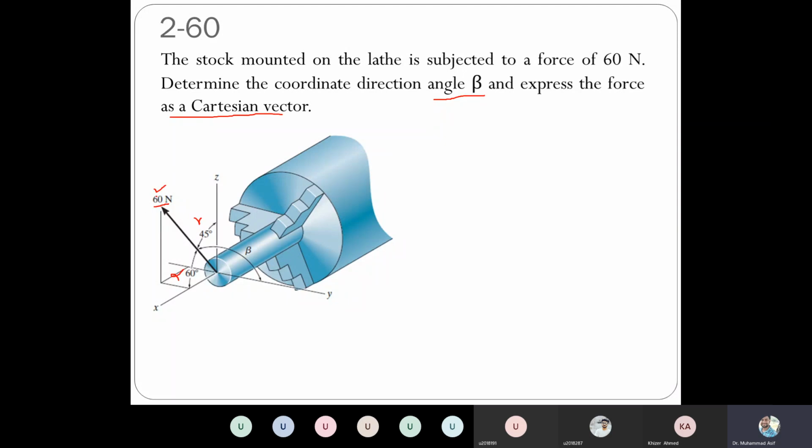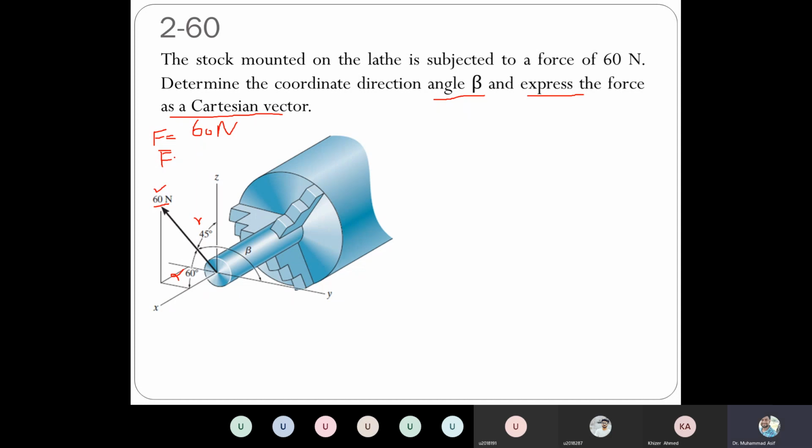So this force is a scalar quantity now because it is given as 60 Newton. The question is to express the force as a vector. The scalar value is given, F is equal to 60 Newton, and we convert this scalar value into a force vector.